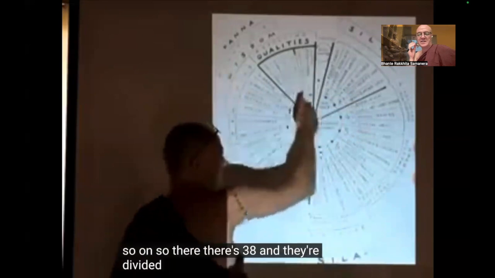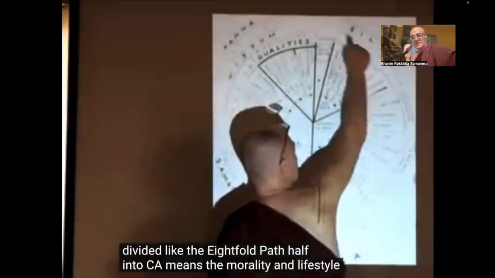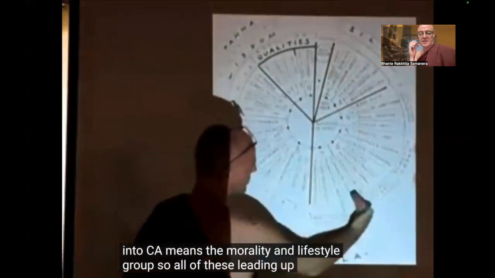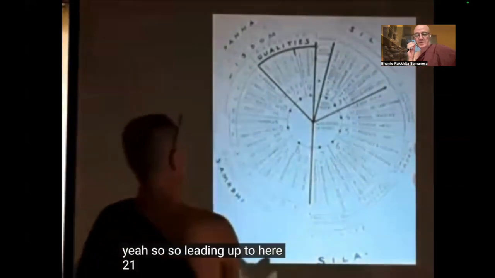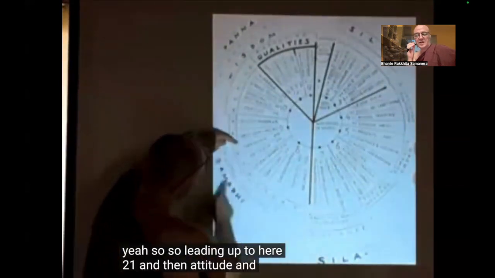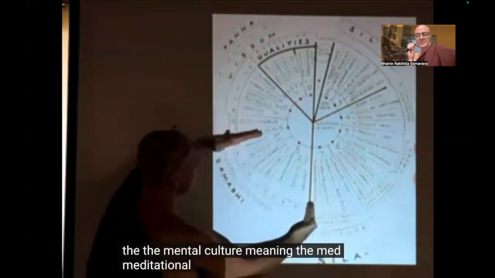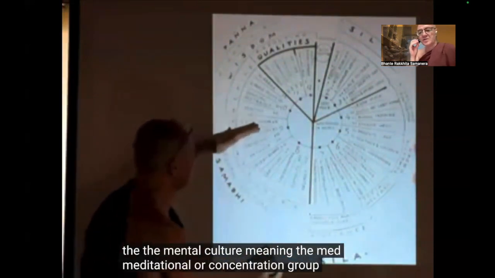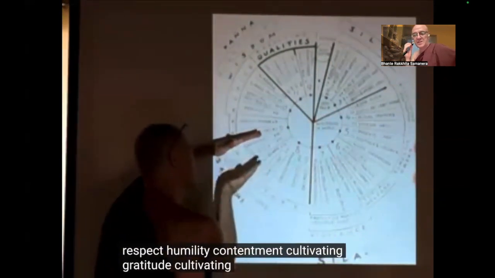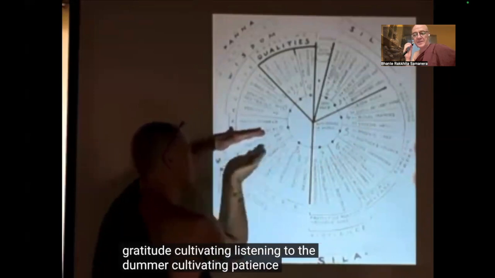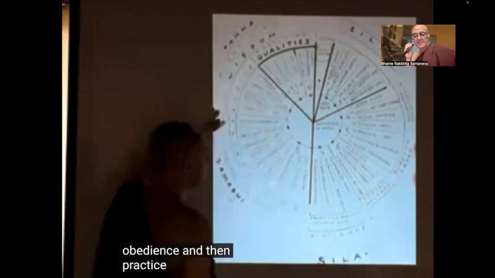So there's 38, and they're divided like the Eightfold Path, half into Sila, meaning the morality and lifestyle group. So all of these leading up to here, the 21, and then attitude and the Samadhi group, the mental culture, meaning the meditational or concentration group, like respect, humility, contentment, cultivating gratitude, cultivating listening to the Dhamma, cultivating patience and obedience, and then practice.